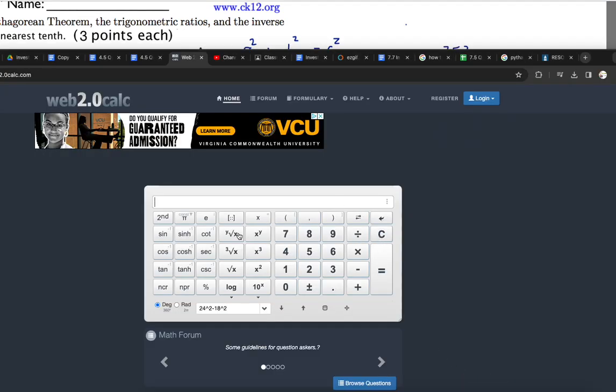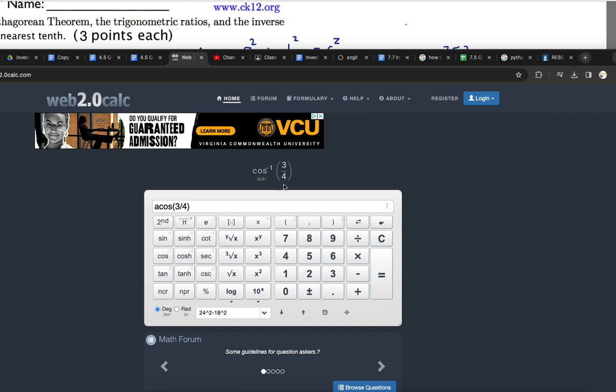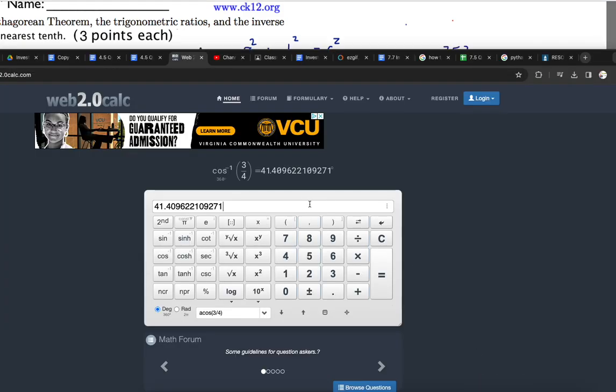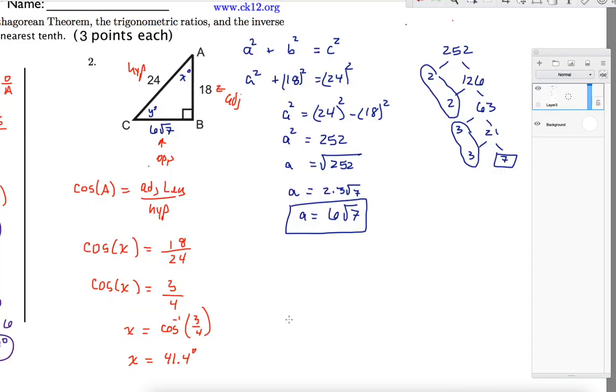Go to our calculator, inverse cosine 3 divided by 4. Let's preview that. We're in degrees, equals 41.4 degrees. Okay, we know.